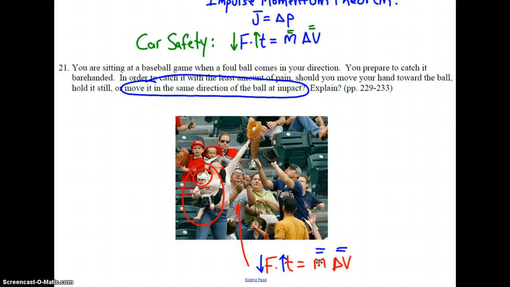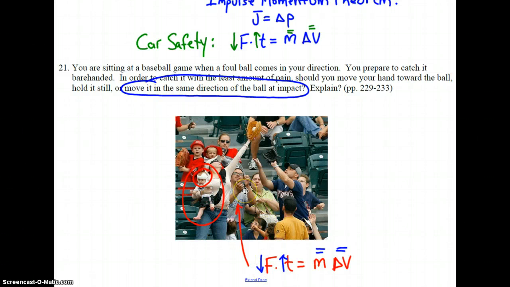Therefore, the pain related in the question here is directly related to the amount of force applied to the hand. So the goal here would be, again, just like the car safety question above, to increase the amount of time over which the force acts to decrease the force that acts on the object, in this case the person's hand.